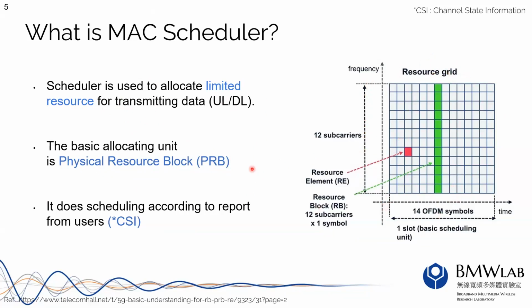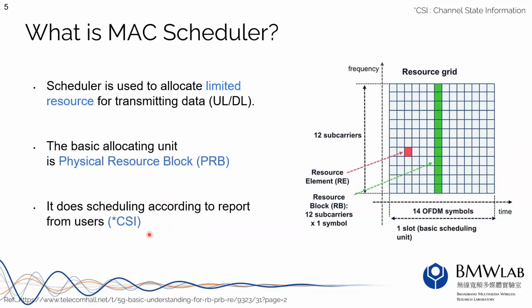So we know that the scheduler is used to allocate the resource, and this resource is called a physical resource block, which engages 12 subcarriers in the frequency domain. But how does the scheduler do the scheduling? Actually, a scheduler will get information from the user, and this information is called channel state information.